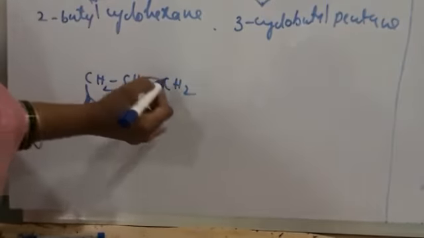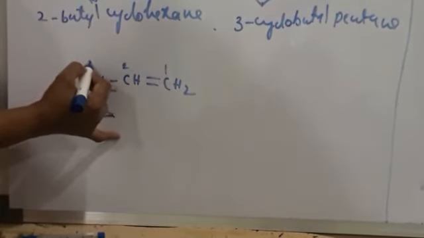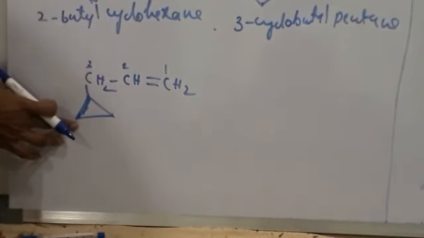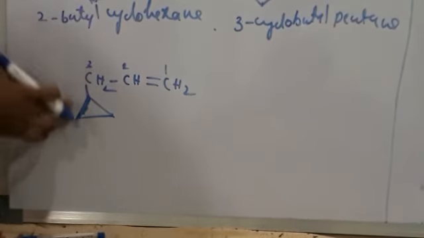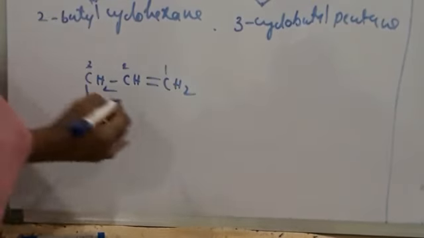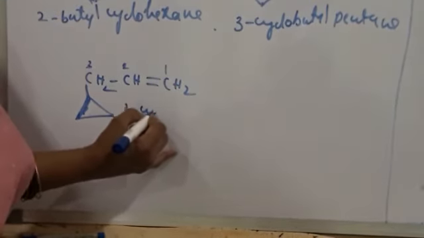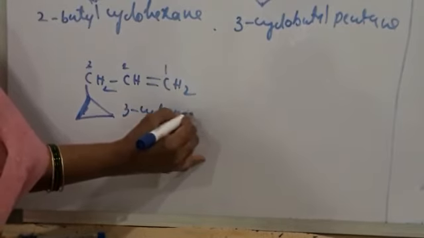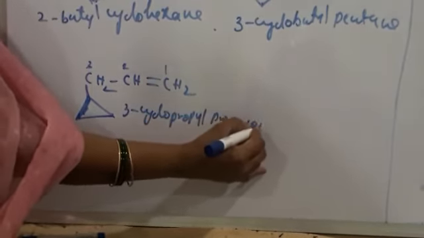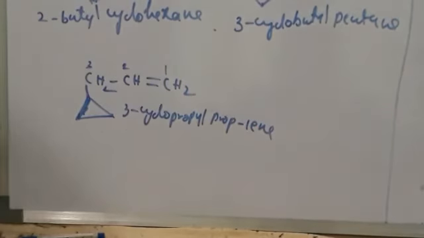If we give numbering from here, 1, 2, 3, the third carbon bears the cycle. So that's why it becomes the substituent now. So 3-cyclopropyl prop-1-ene, where ene is the functional group now.